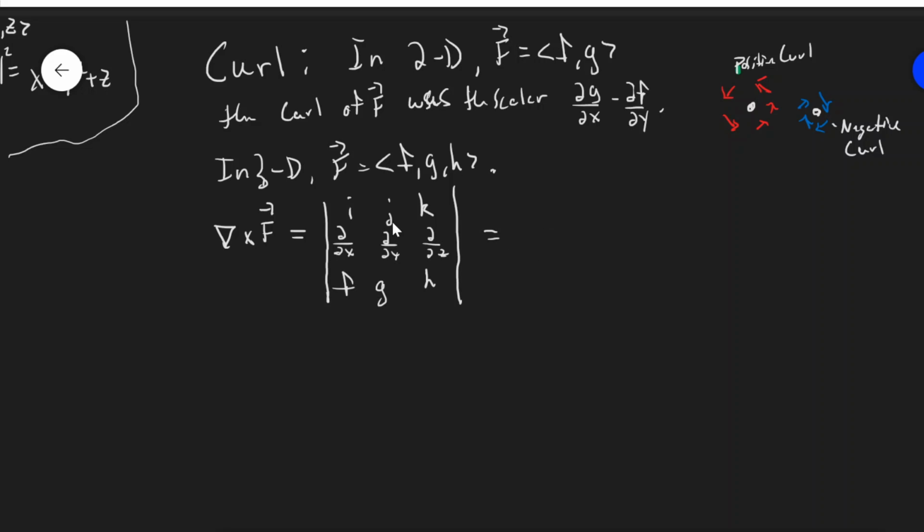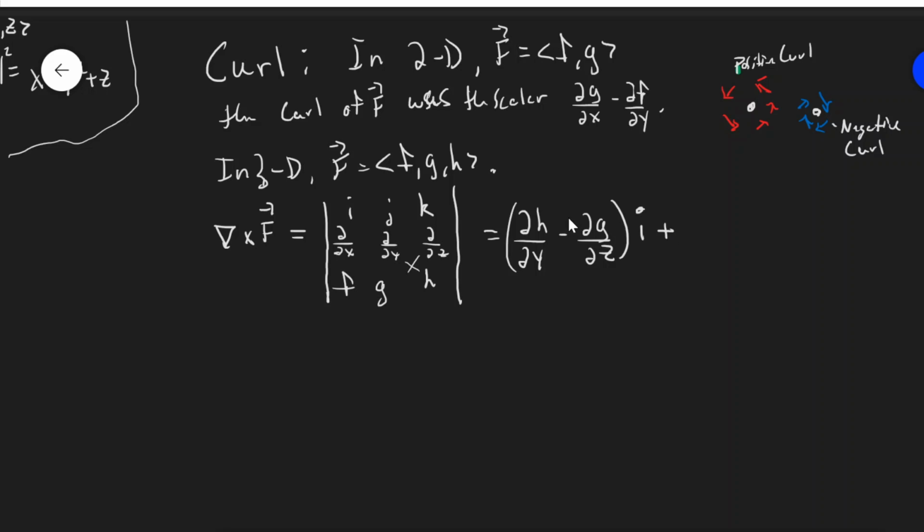And so we can do the thing that we do to compute cross products. I'll cover up the first column and record the product of these two minus the product of these two, and that'll be in the I direction. Only again, I'm not really taking a product. I'm applying the operator partial with respect to Y to H, and then applying partial with respect to Z to G. So this gives partial H, partial Y, minus partial G, partial Z in the I direction.